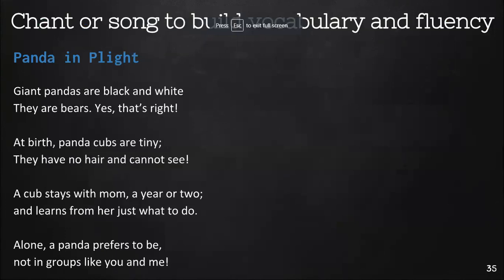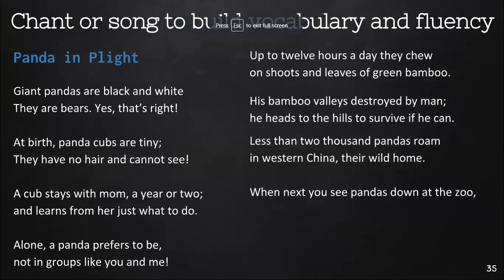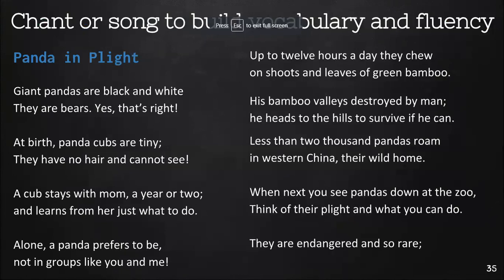We probably took 2 days of ELD time practicing this and saying this. And it really has a lot of the key vocabulary for the entire unit that we were going to be focusing on. And we would come back to it each day. What actually surprised me, I wrote this thinking it would be a good way to get them engaged, but what I found was when the students were actually asked to write, they cited pieces of information from this text.